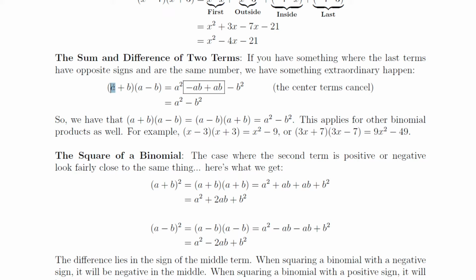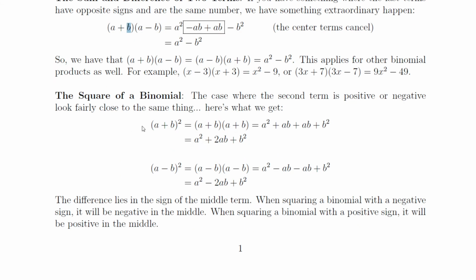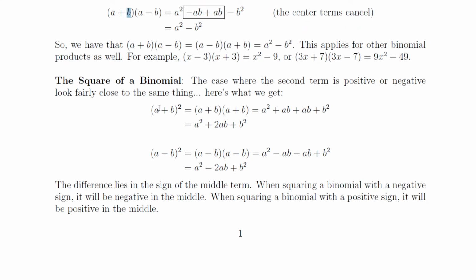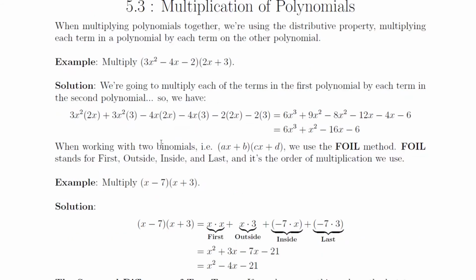So a squared minus whatever b squared is. I show you an example here. You can see the square of a binomial. So again, these are a couple of special cases that I work out. We're going to go through a couple of examples, but again, I just wanted to draw your attention to the notes to go ahead and take a look at how all of that stuff works.